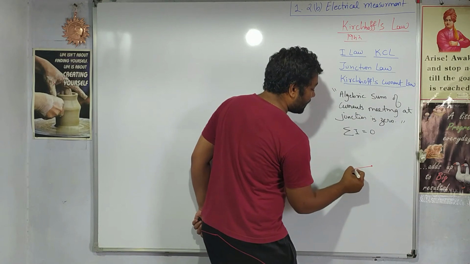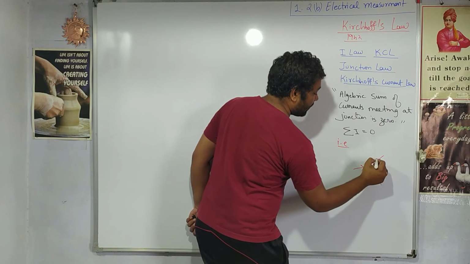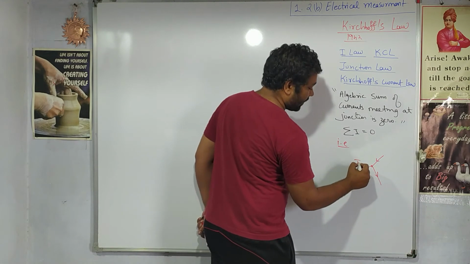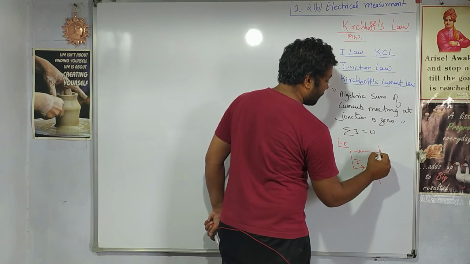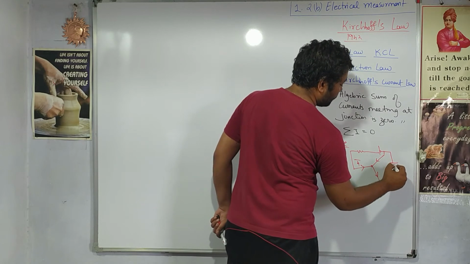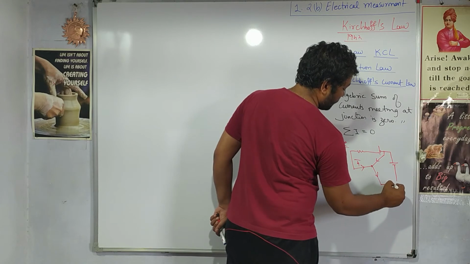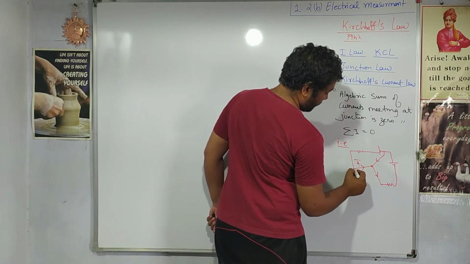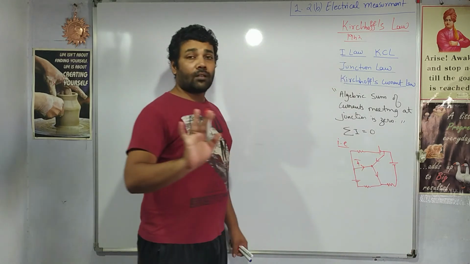So let us say here we have been given a junction. We are just understanding. Let us say this is a junction at which these 3 different paths are meeting. Let us say current from this path is I1. If I draw the complete circuit diagram, you can draw this just for simplicity.